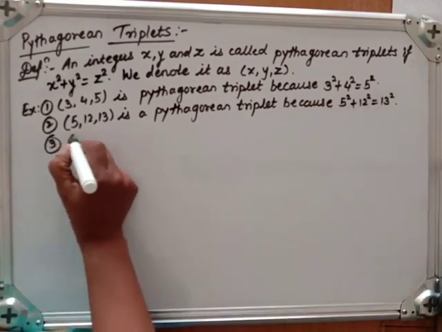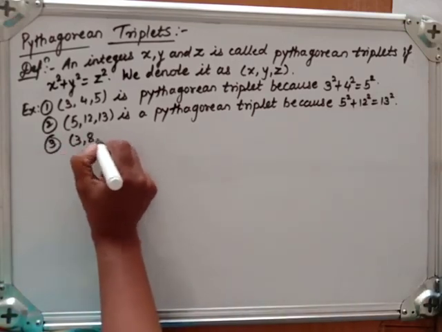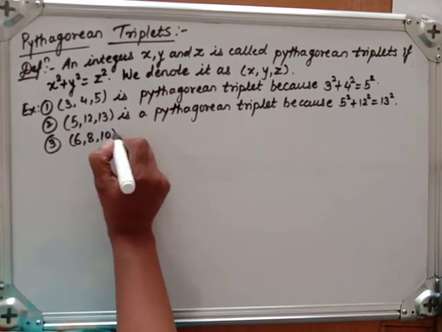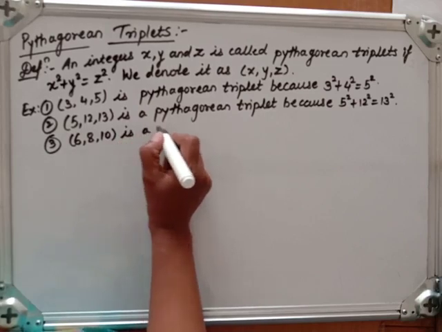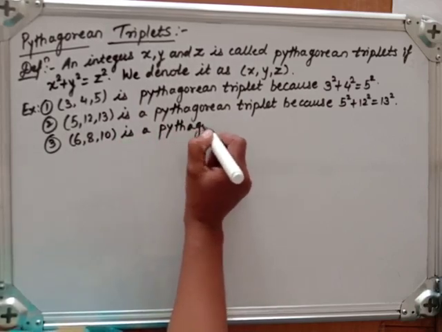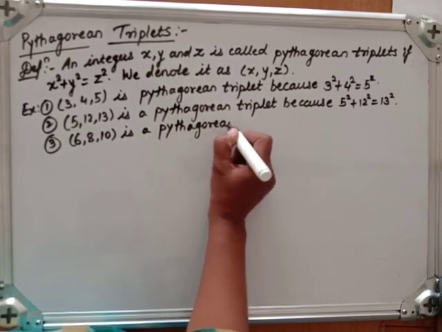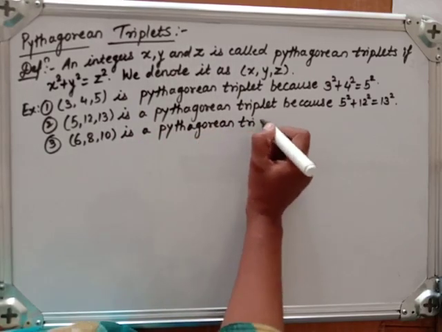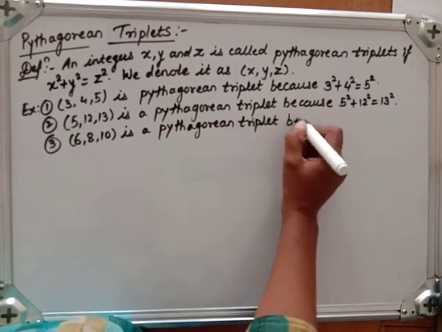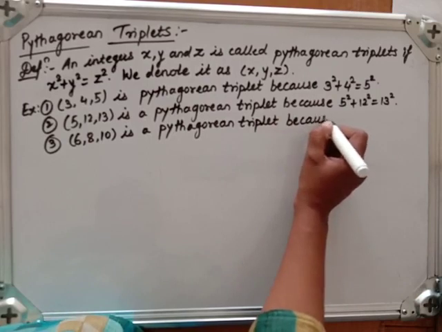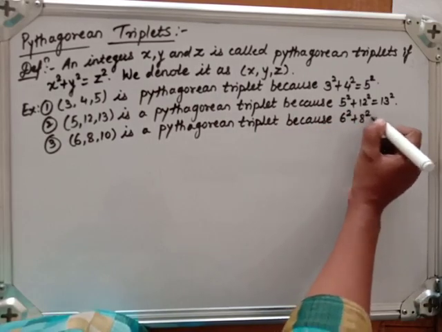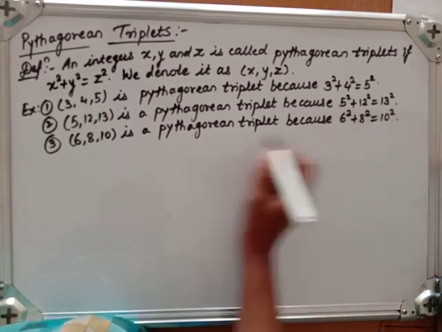Third, (6, 8, 10) is a Pythagorean triplet because 6 square plus 8 square equal to 10 square.